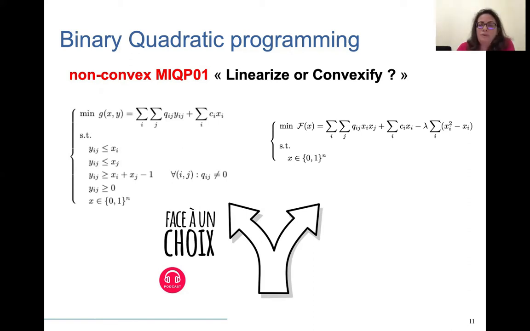And what we call the quadratic convex reformulation method, QCR, is a method which is provably better than both of them, at least in the sense of the lower bounds they lead to.